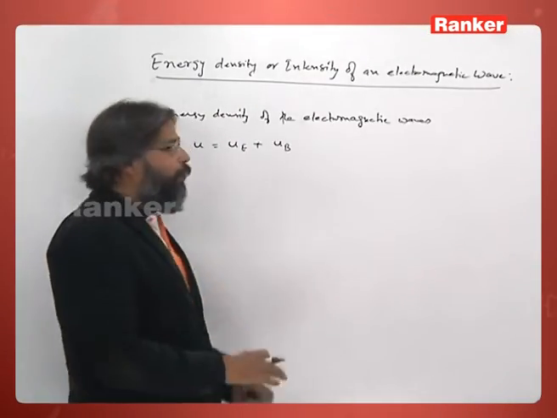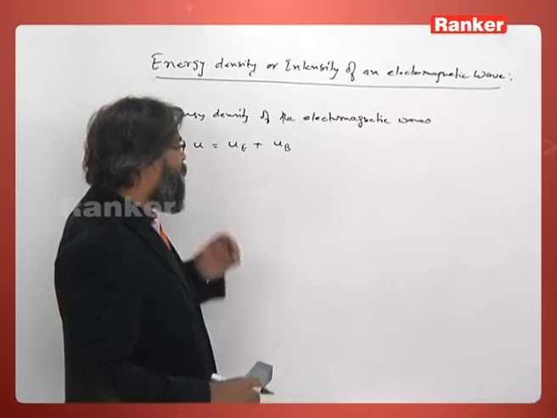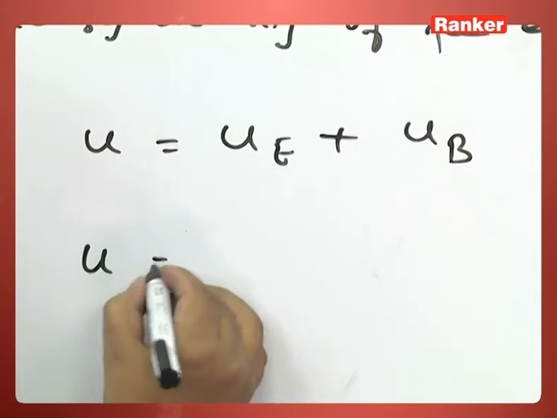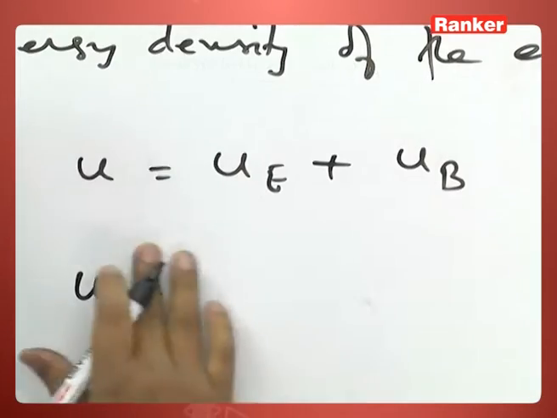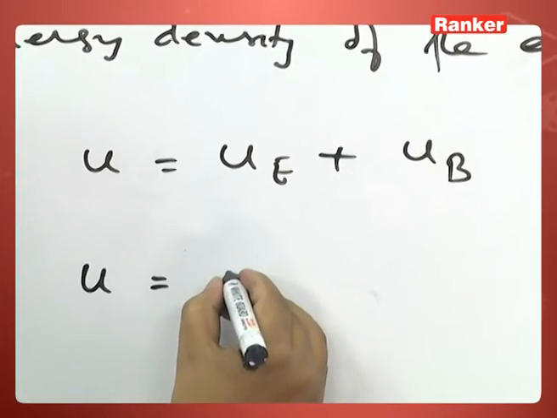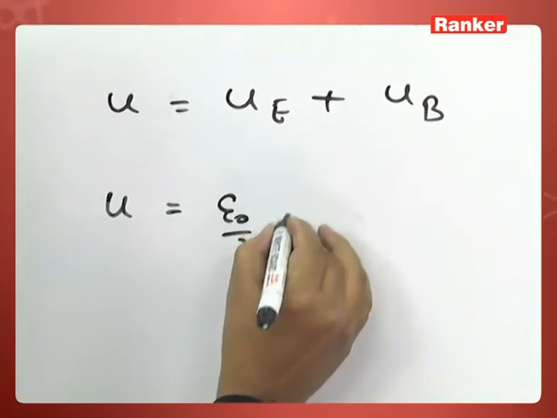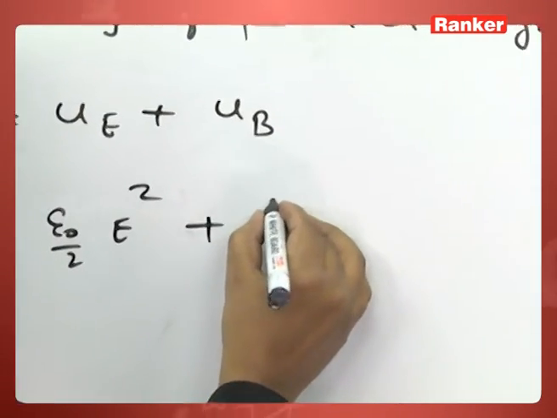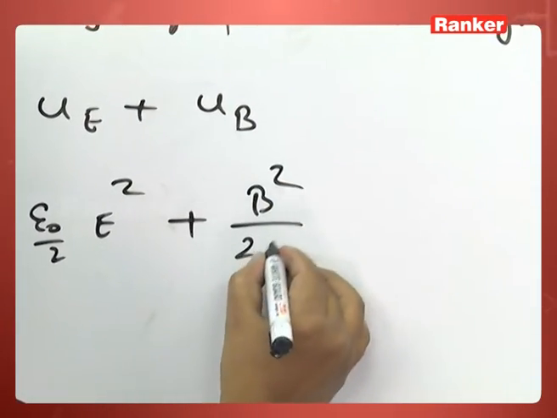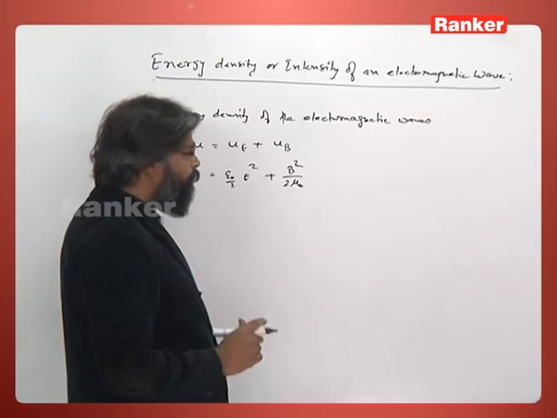The energy is stored in the electric field and the magnetic field B. Now UE is epsilon naught by 2 E square, and UB is B square by 2 mu naught.